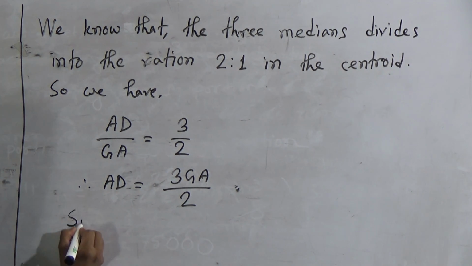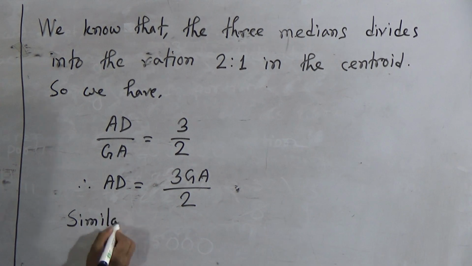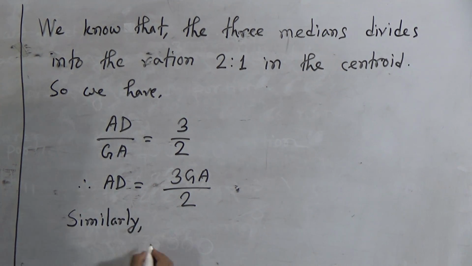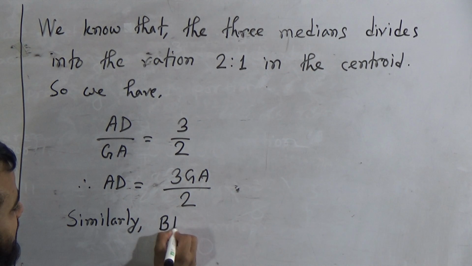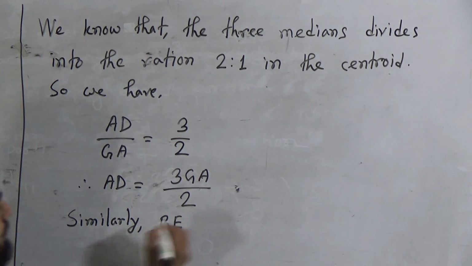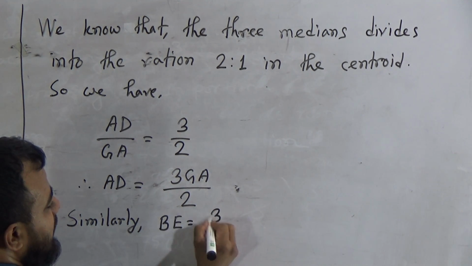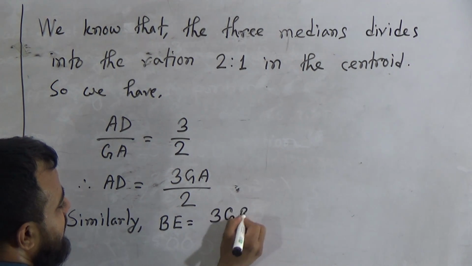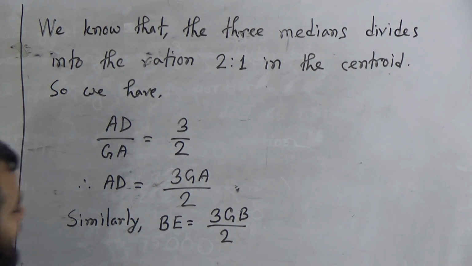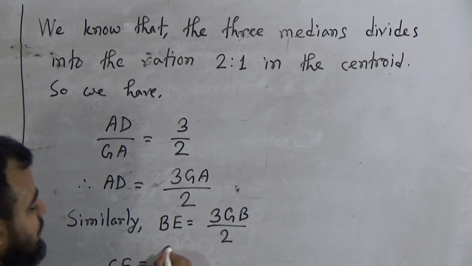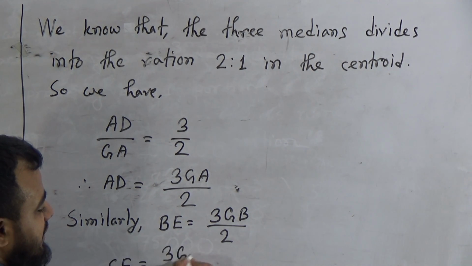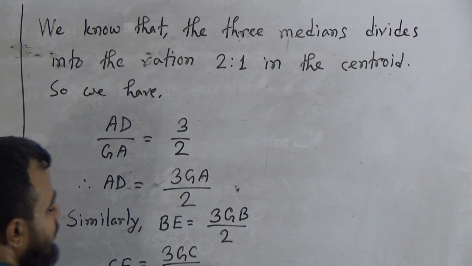BE equals 3GB by 2, and the median CF equals 3 into GC by 2.